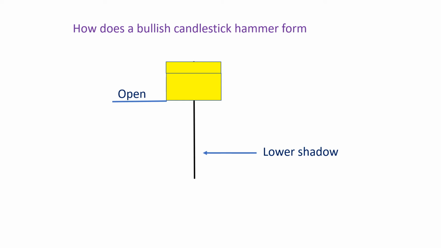leaving a lower shadow representing the strong power of buyers in the market. And this is the lowest price for the duration of this candle. The buyers push the price higher again all the way here, and then it got rejected by the sellers.